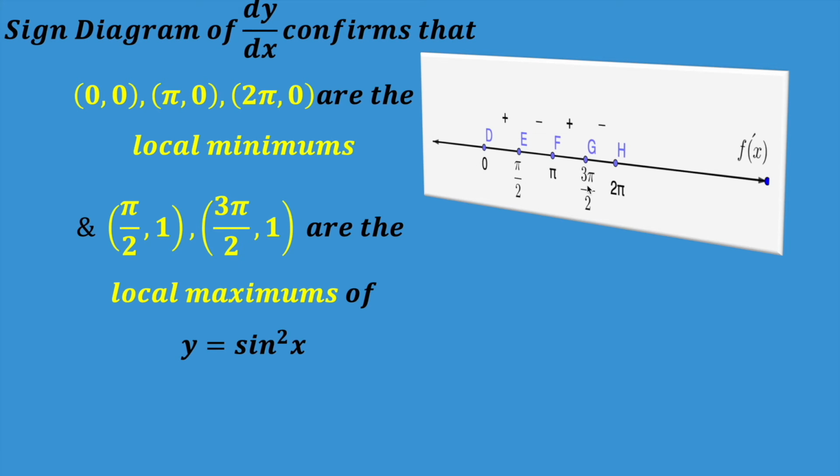Similarly, at 3 pi by 2, the gradient changes sign from positive to negative, and the corresponding y value is 1. So it's also a local maximum. Similarly, at 0, 0 and F, the gradient changes sign from negative to positive. And similarly at H, the gradient changes sign from negative to positive. So these are 3 points which are local minimums.